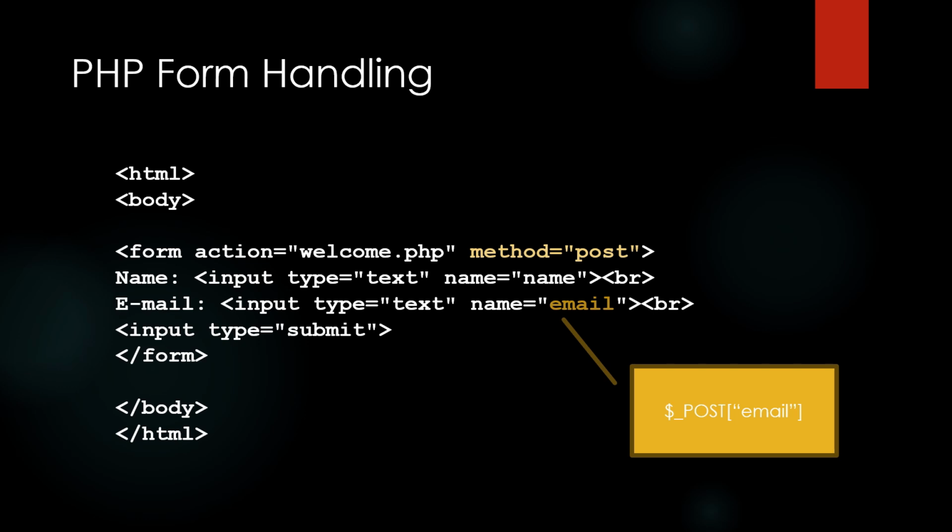PHP provides a special superglobal $_POST array variable in which it stores form data submitted by the POST method. It creates an array element of the same name as each submitted form element name, storing the value that they contain. For example, on our form, for the element named email, PHP will create an array element named $_POST['email'] containing the value entered by the user.